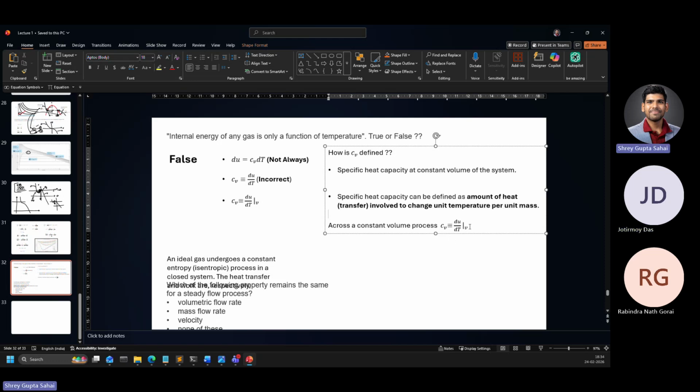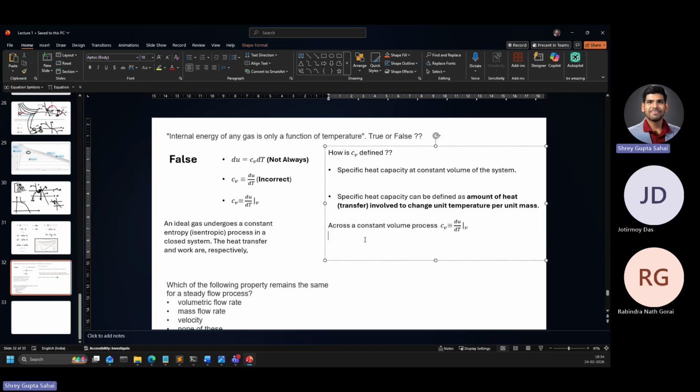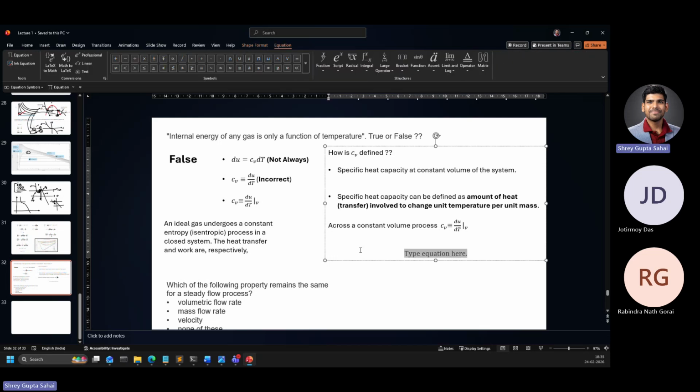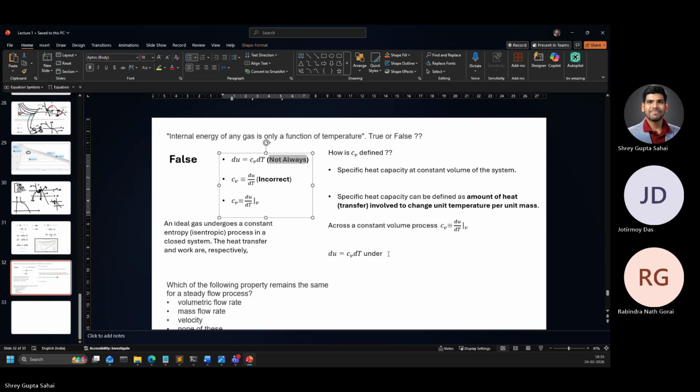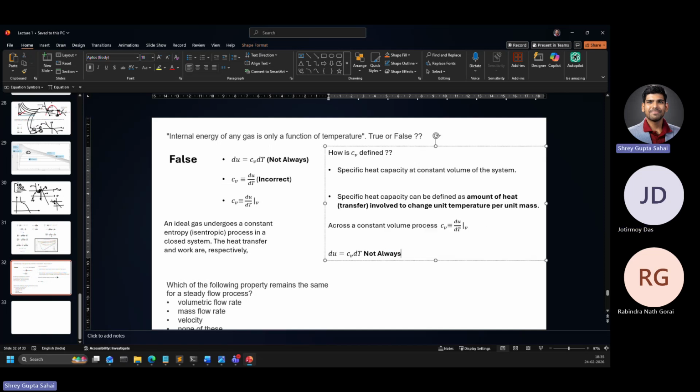Just to keep the discussion flowing, I have written du equals cv dt under certain conditions. So I've written not always, right?